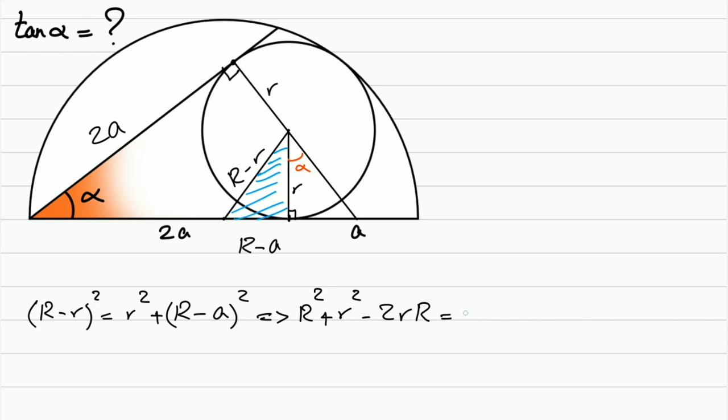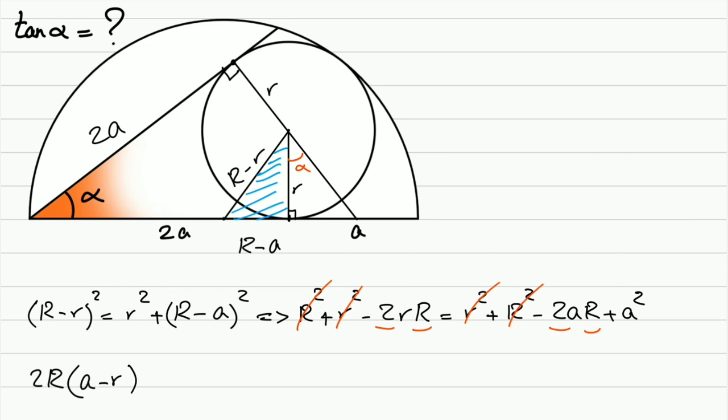On the right side we have r squared plus R squared minus 2 times R times a plus a squared. Alright, let's eliminate some terms here. Capital R squared, small r squared. Let's factor 2 times R. On the left side, we have 2 times r multiplied by a minus R. And on the right side, we have a squared.